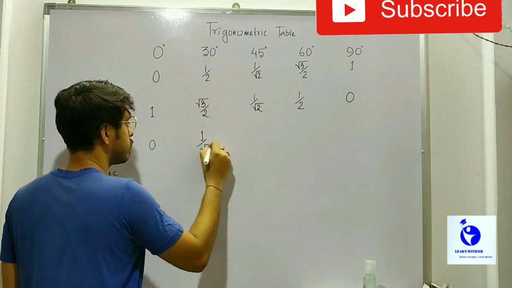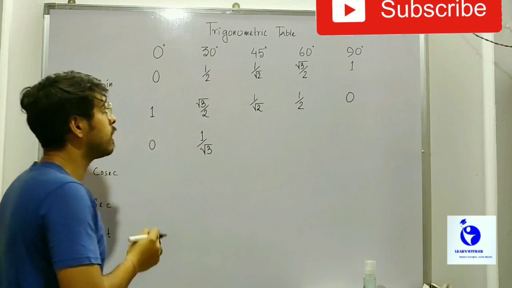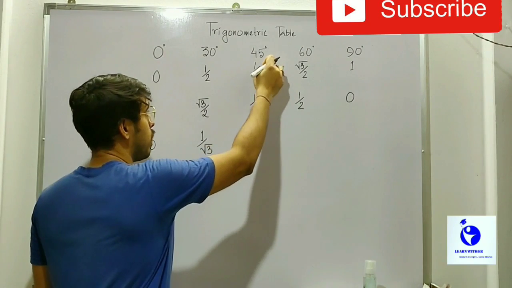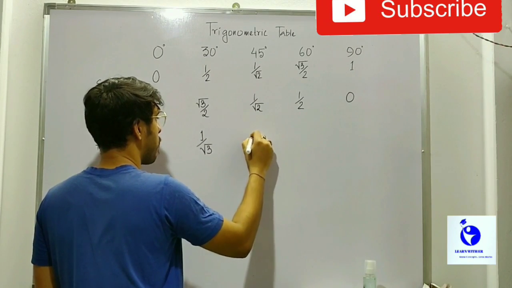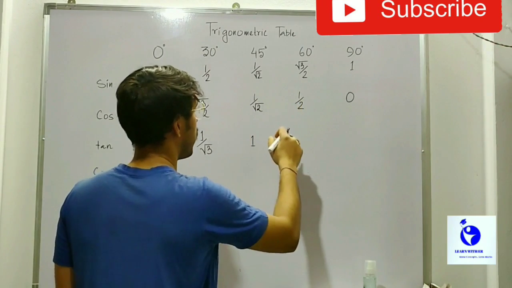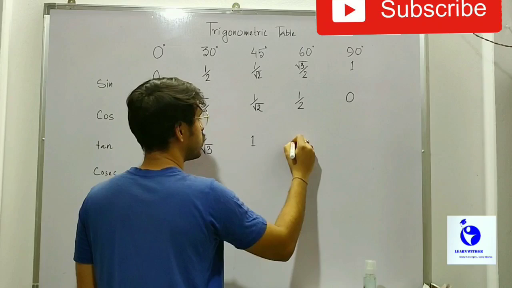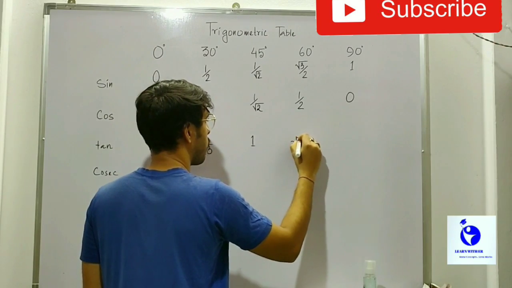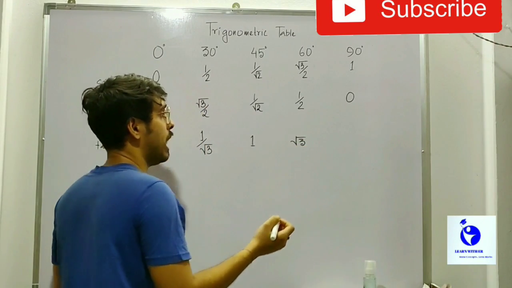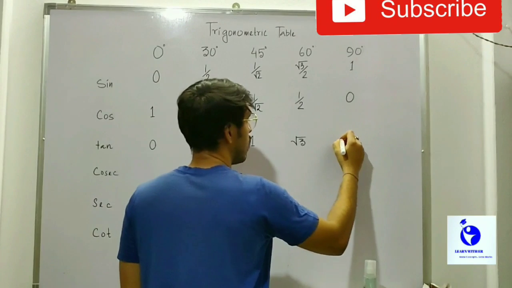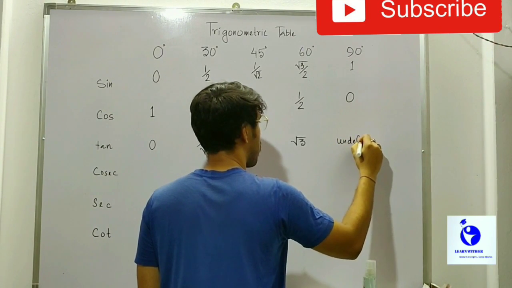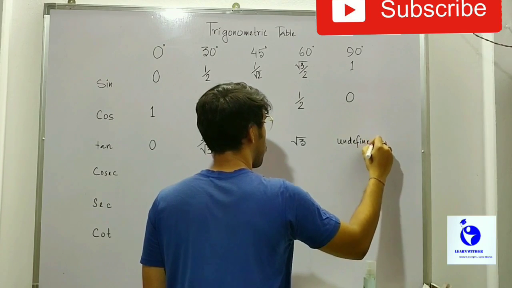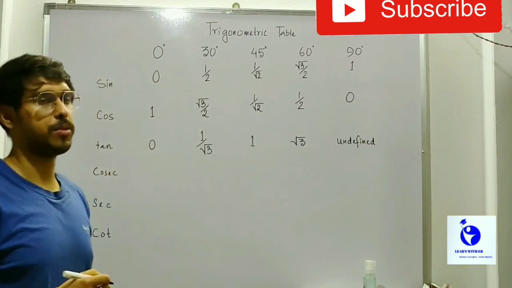Then we have 1 by root 2 divided by 1 by root 2, which is 1. Then we have root 3 by 2 divided by 1 by 2, which is root 3. And finally we have 1 by 0, which is undefined. Something divided by 0 is undefined.